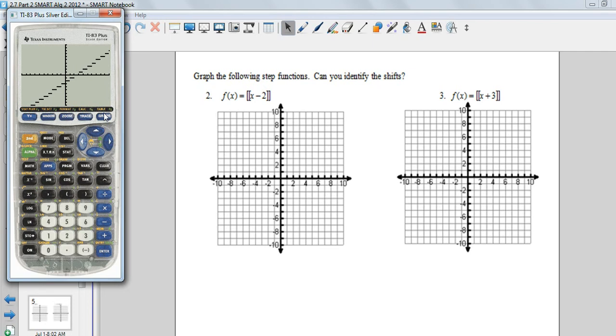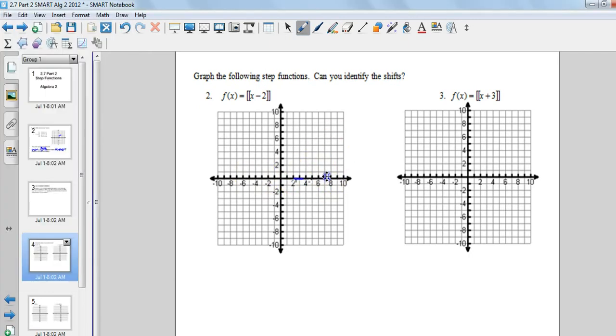So I'm going to try to transfer this to my paper as best I can. The first thing I notice is I try to graph where it is on the x-axis. So this guy is actually right there. As you can tell, I'm not doing such a hot job graphing here.